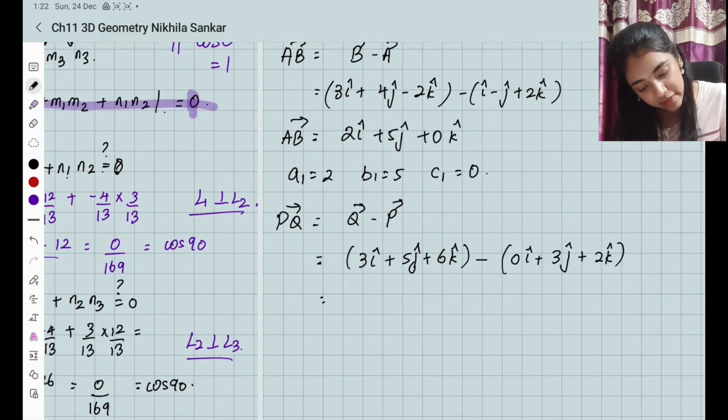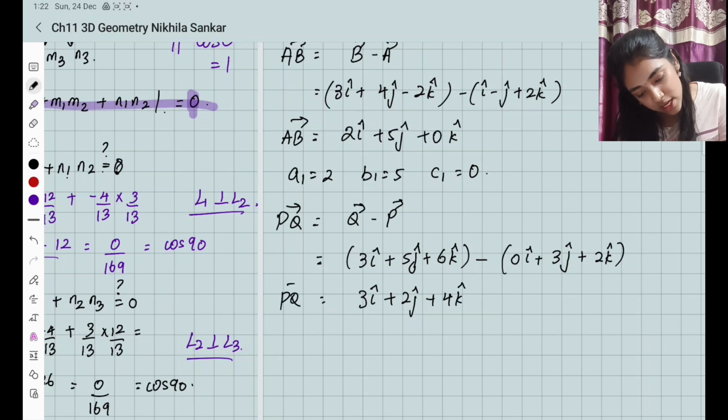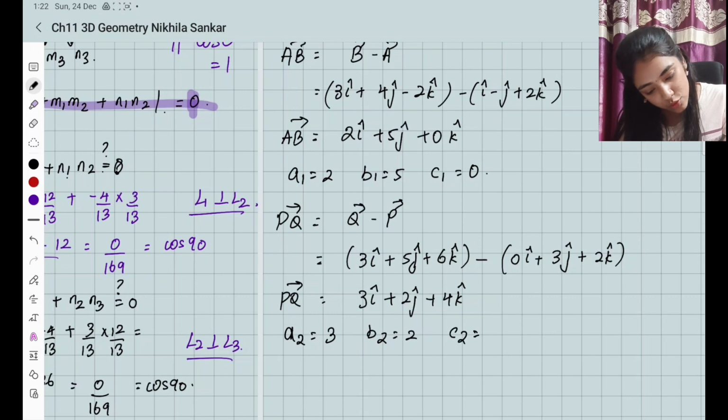When I subtract this, I have 3 minus 0 is 3i cap, 5 minus 3 is plus 2j cap, 6 minus 2 is plus 4k cap. So this is the PQ vector, and the direction ratios are A2 equals 3, B2 equals 2 and C2 equals 4.